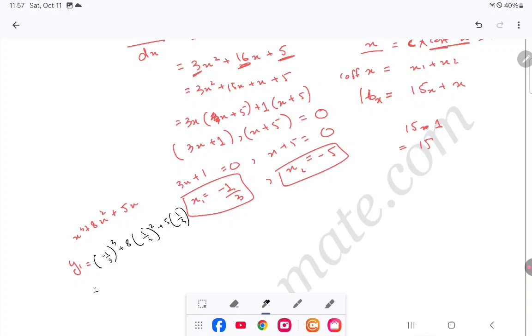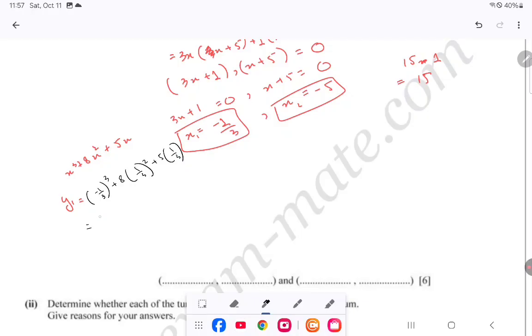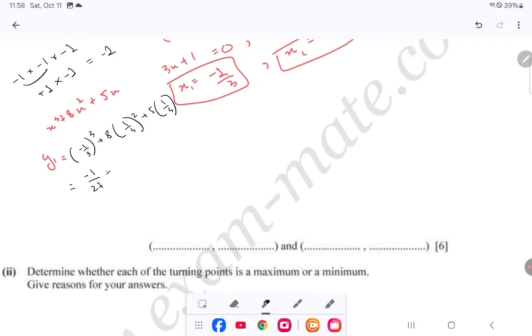Simplify it furthermore, negative 1 over 27, since it is cube, negative 1 into negative 1 into negative 1 will give negative 1, so the value will not become positive on cube. Then 8 over 9, since 3 square is 9, plus 5 over 3. If we simplify it furthermore, it will give you a value of negative 22 over 27.